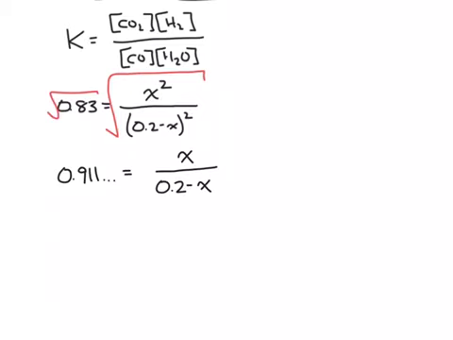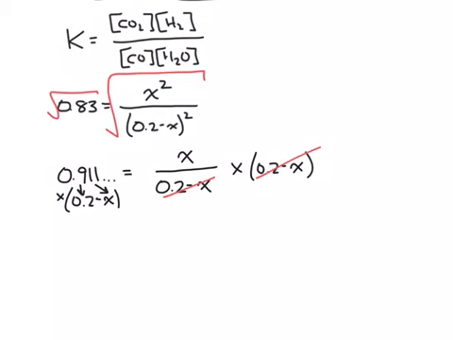Keep solving through for X here. I'm going to multiply both sides by my denominator. So these will cancel. And then I'll multiply this side by the same thing. And you can distribute, get rid of the brackets.